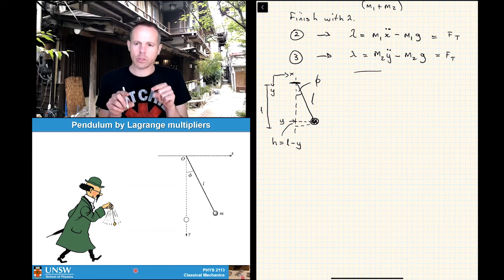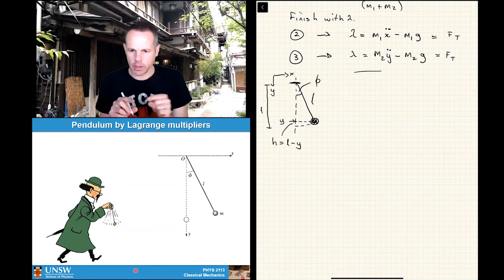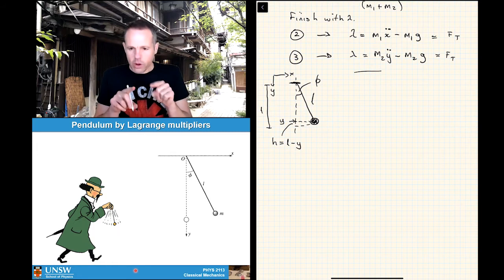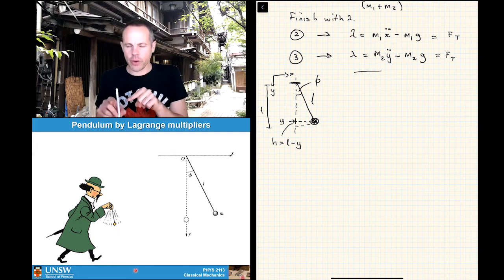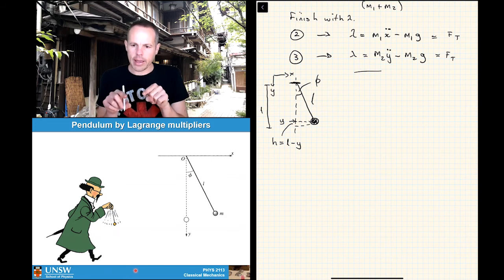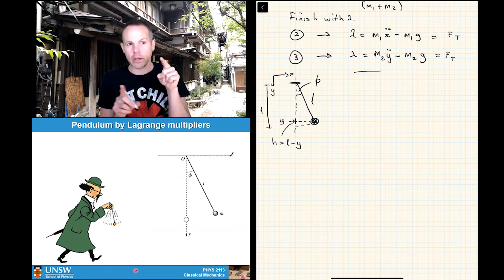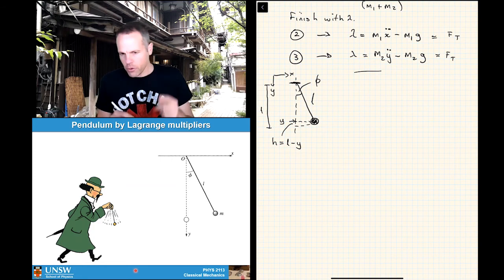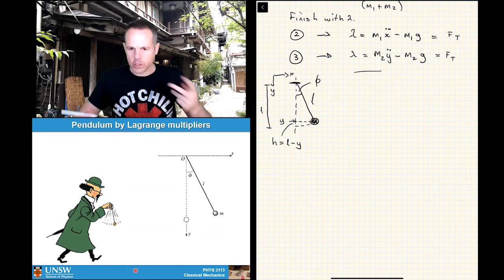I just want to point out something kind of important here for Lagrange multiplier problems. If you go back to one of the previous lectures where I did the pendulum using the Lagrange method, I slipped directly across to using phi as my coordinate because I have 1 degree of freedom, and the one coordinate that remains after the constraints is that angle phi, right? And so I had a potential energy in terms of phi and worked my way from there.